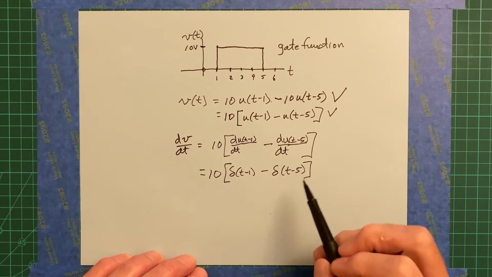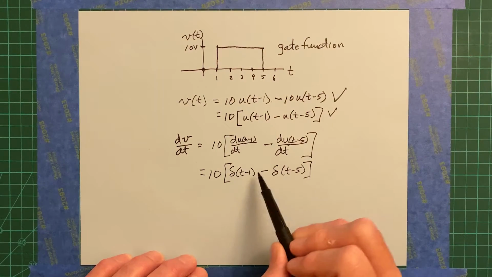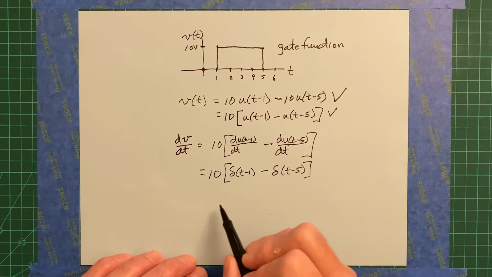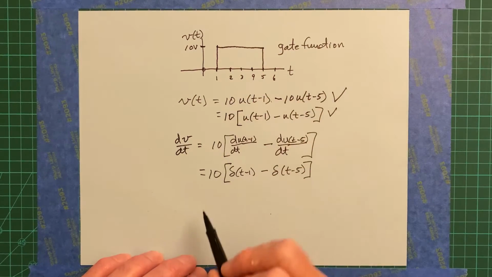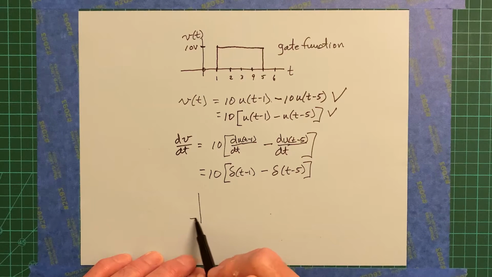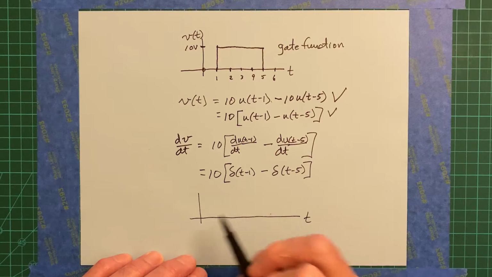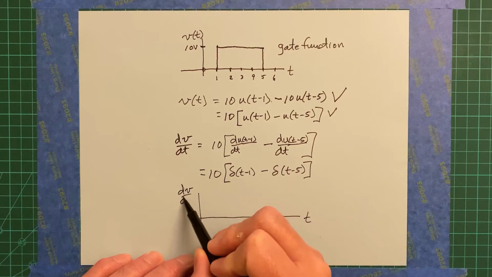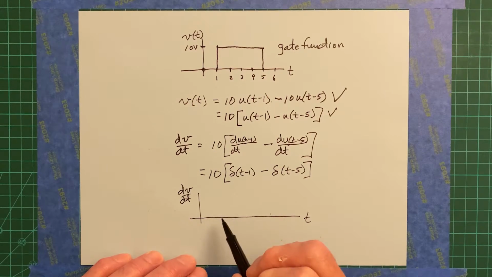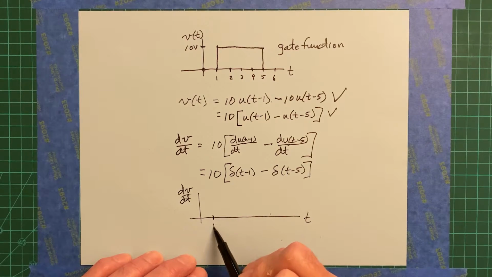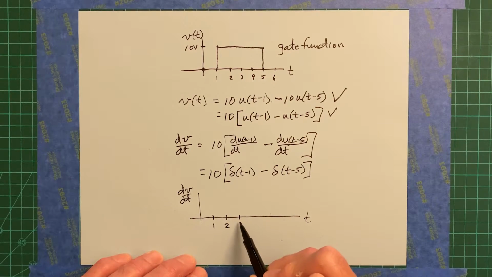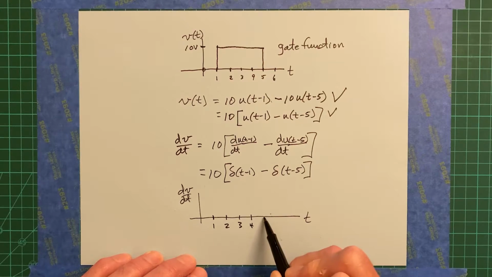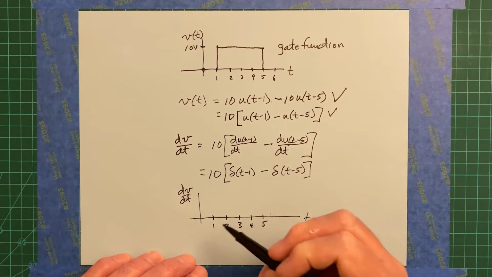Now, the delta functions only exist at the place where what's inside the parenthesis is 0. So if we were to create the same sort of graph we did up there, this is t, this is now dv dt, and here at t equals 1, 2, 3, 4, 5, here's what we're going to find.